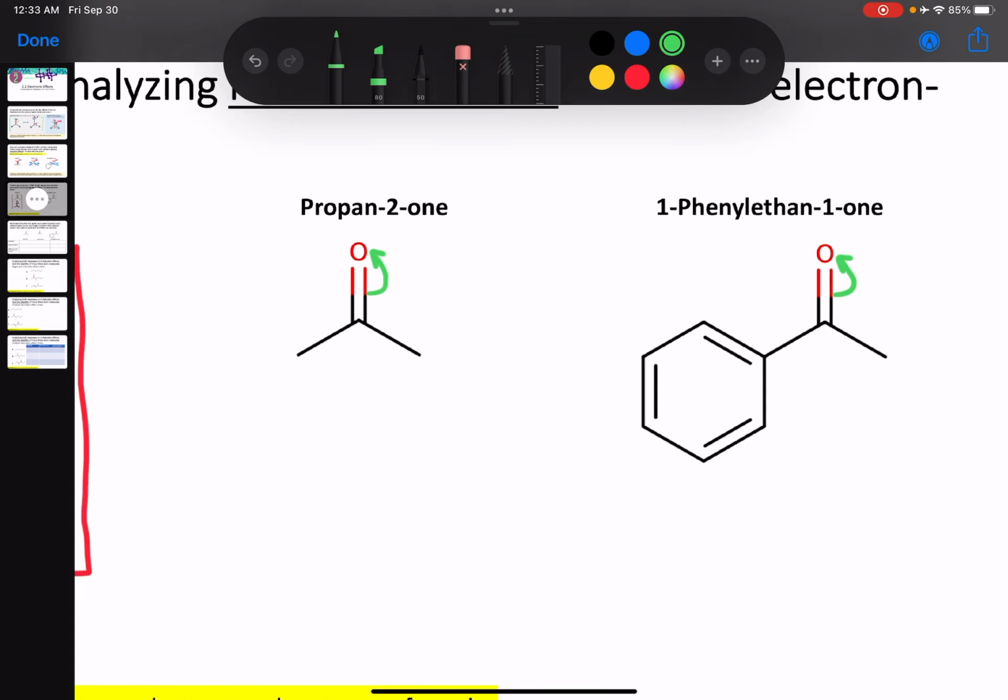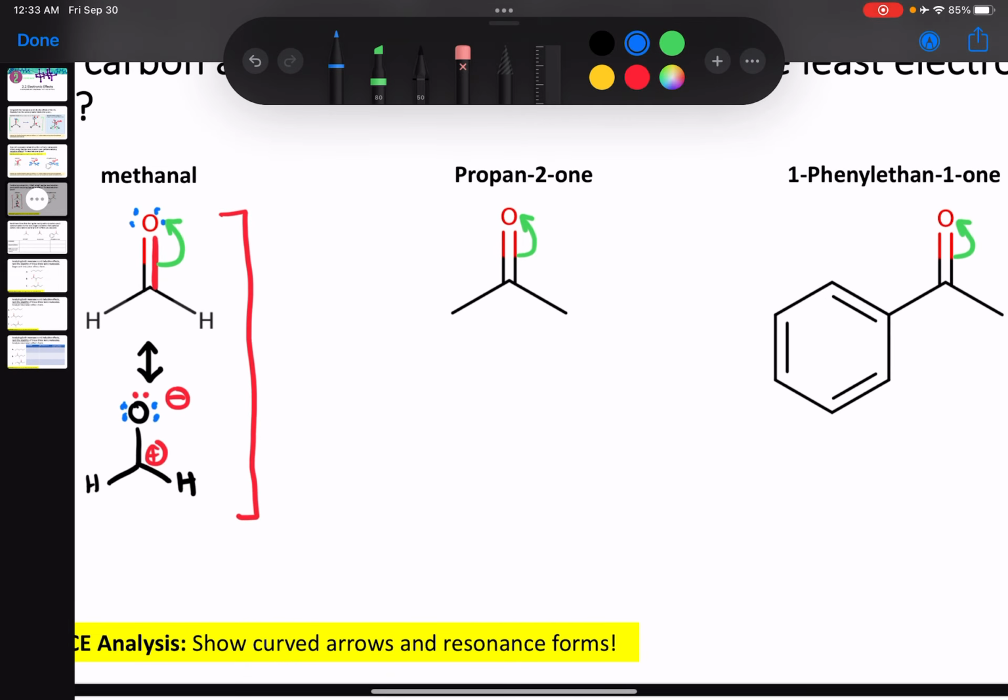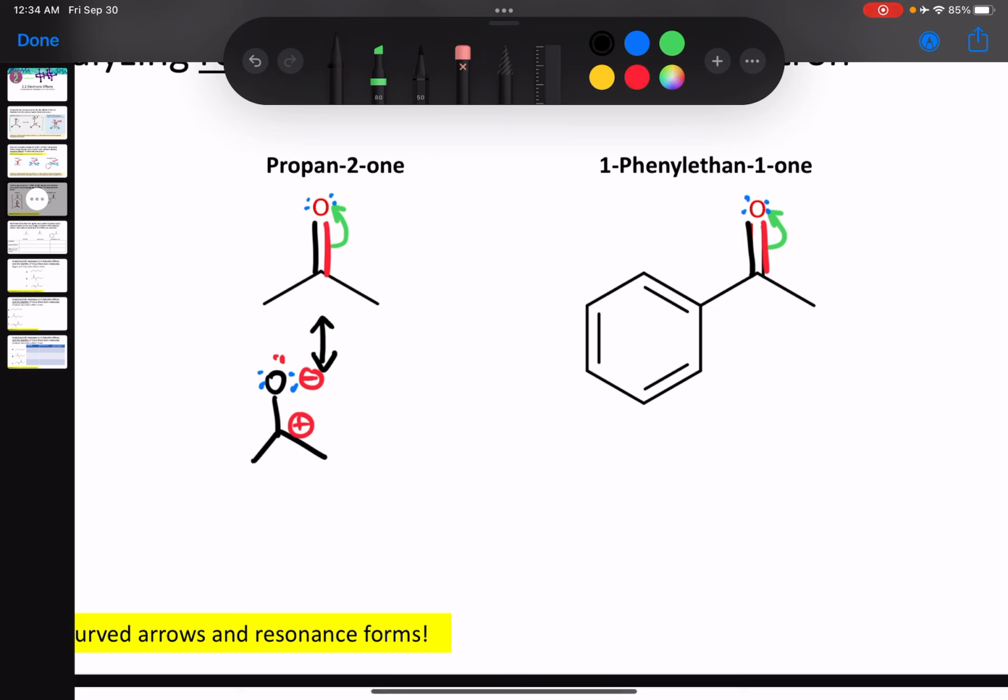We can all push a pi bond up to that oxygen, which we can color code red, creating their different resonance structures, all of which show a carbonyl carbon that is positive.